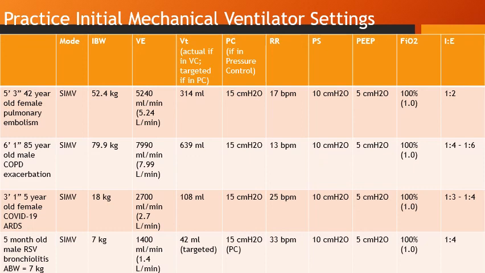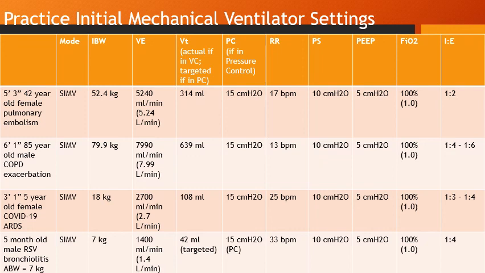All right, so then for her tidal volume, either actual or targeted, doesn't matter, her ideal body weight of 52.4 kilograms times 6 for 6 milliliters per kilogram of ideal body weight comes out to 314 milliliters for our tidal volume. Now if we're in pressure control breath type, we would set her pressure control at 15 centimeters of water, as we do for everyone.